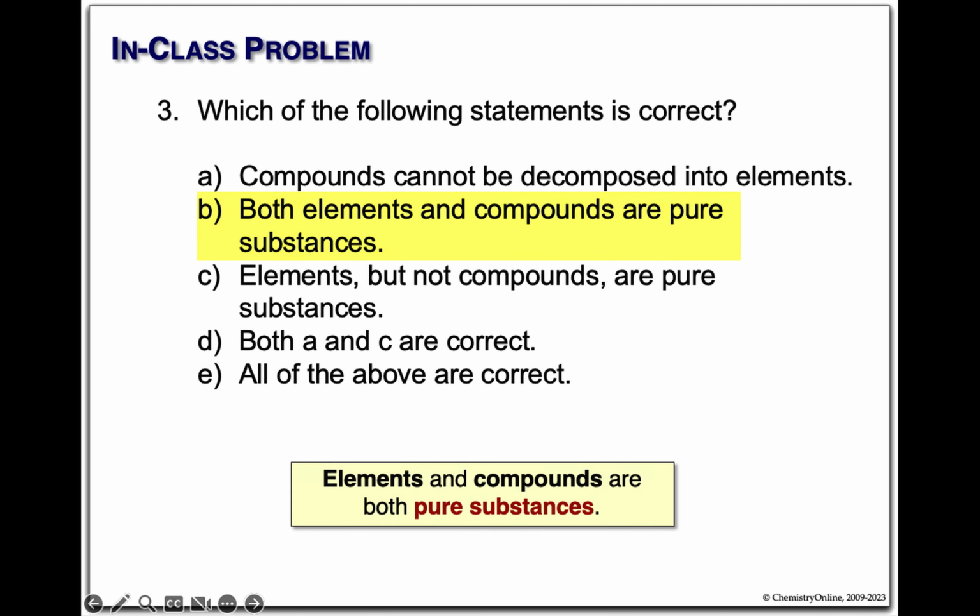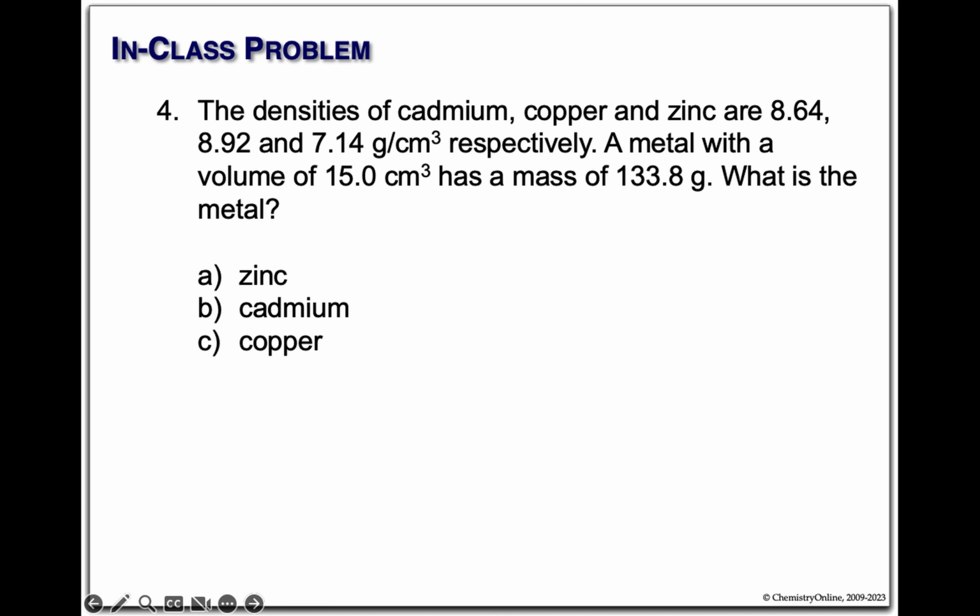Now let's do one last one here. Cadmium, copper, and zinc have densities of 8.6, 8.9, 7.1. We have an unknown metal that's one of these guys. 15 cubic centimeters, here's its mass. What is the metal?